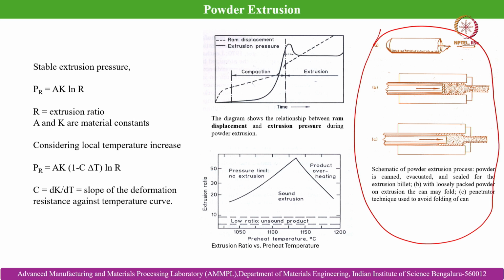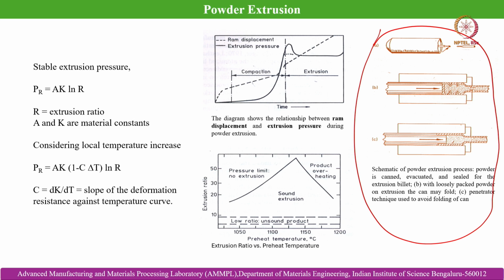These are individual techniques we can go ahead with in powder extrusion. It can be canned in a suitable container, and then the ram applies the extruding load, which shows bulges in the can, or the pressure can be applied directly on the powder aggregate.